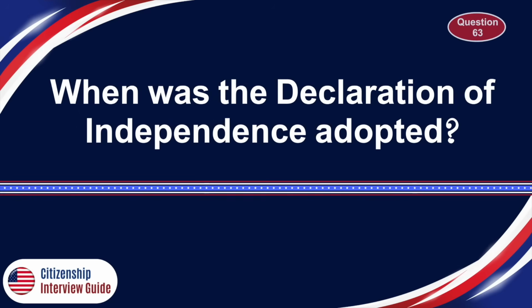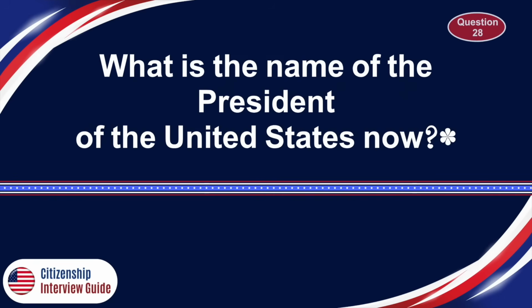When was the Declaration of Independence adopted? July 4th, 1776. What is the name of the President of the United States now?